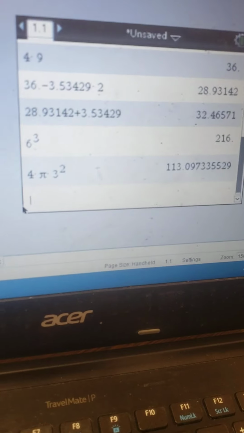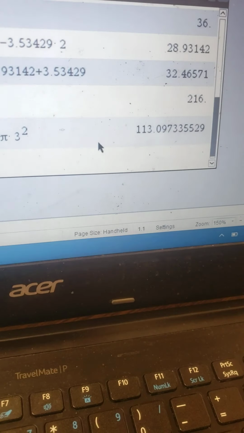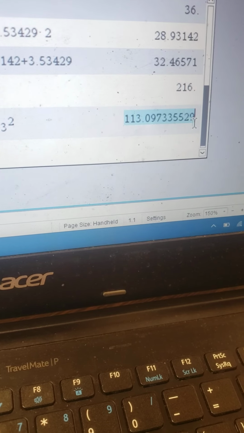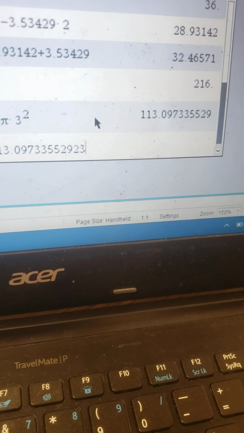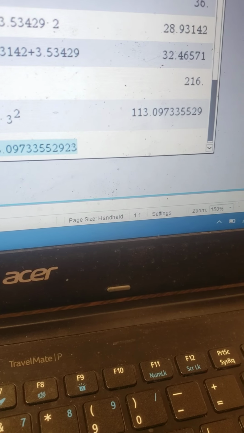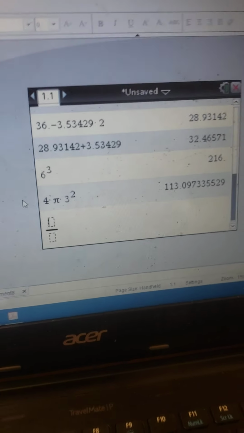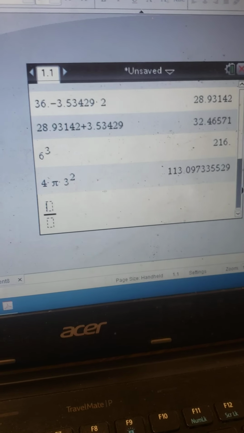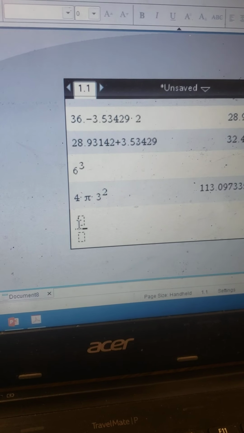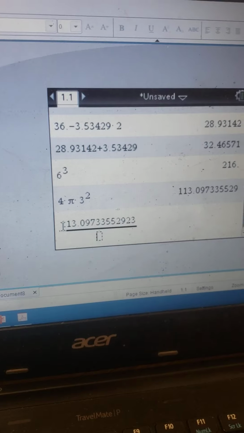Let's do that. I'm just going to bring this down, copy it. It also wanted us to round our answer to the nearest whole percent. So here's our sphere on the top, paste.